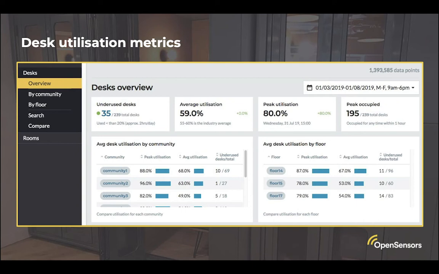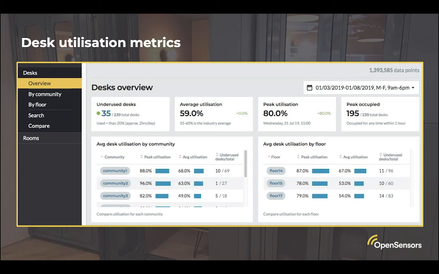There are a number of metrics that you can monitor and compare, such as comparing teams, departments, floors, buildings, or workspaces. And the first key metric is underused desks. Monitoring the number of desks used less than 20% lets you immediately make some decisions around repurposing them elsewhere.